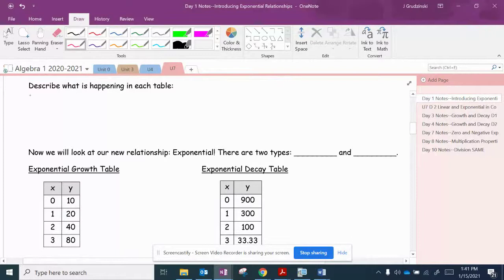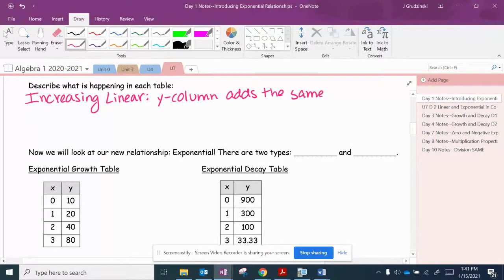So to describe what's happening in each table, if it's increasing linear, then the y column adds the same number each time.